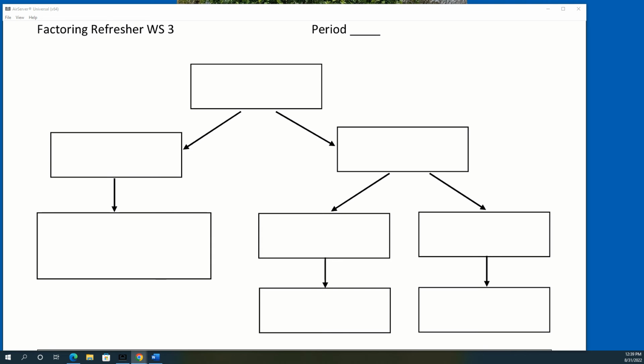Okay. So what is the very first thing you always do when you're factoring? Greatest common factor.